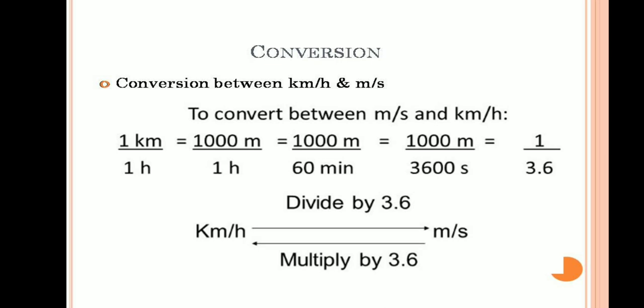So 60 into 60, 3600. So 1000 by 3600, we'll get 1 by 3.6. To convert from kilometer per hour to meter per second, we divide by 3.6. Or to convert meter per second to kilometer per hour, we multiply it by 3.6.